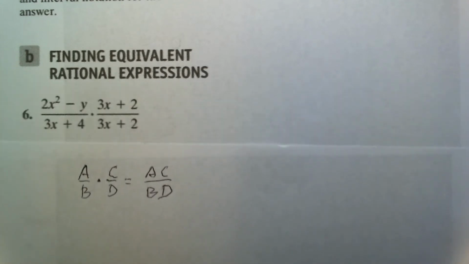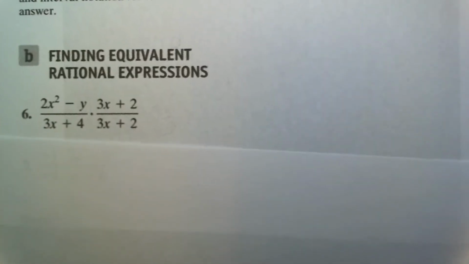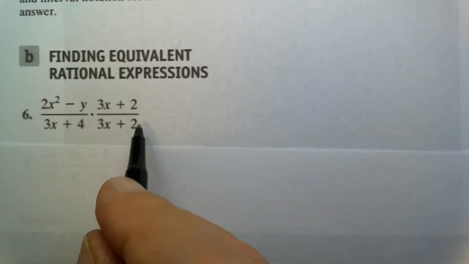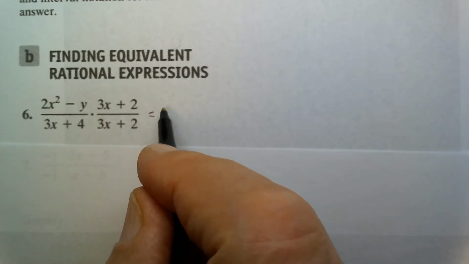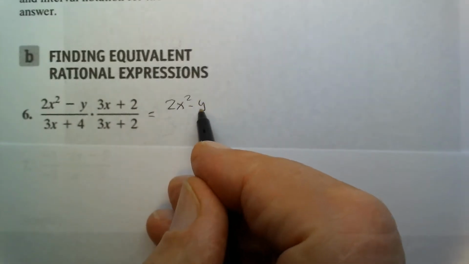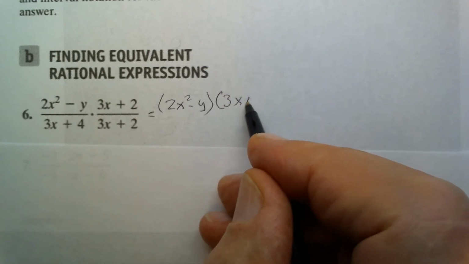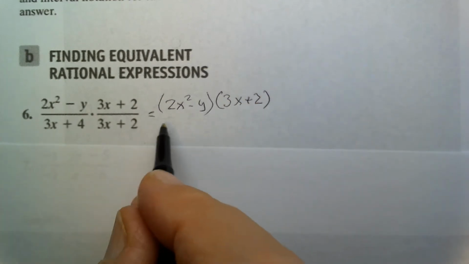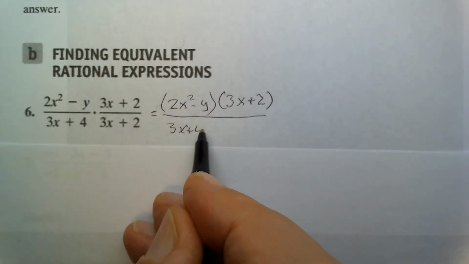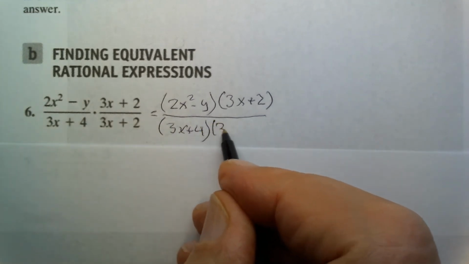So let's look at an example. Here's example number 4. What we want to do here is this would be our a divided by b times c divided by d. So that's simply 2x squared minus y times 3x plus 2, all divided by 3x plus 4 times 3x plus 2.